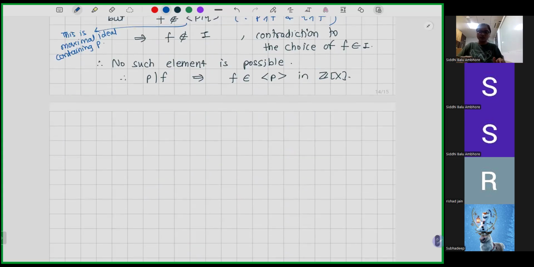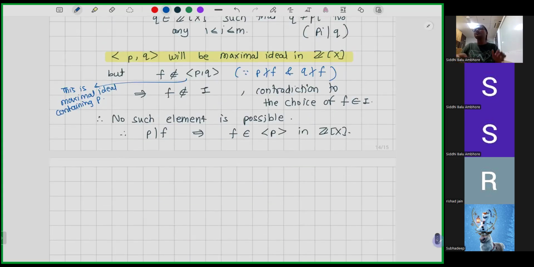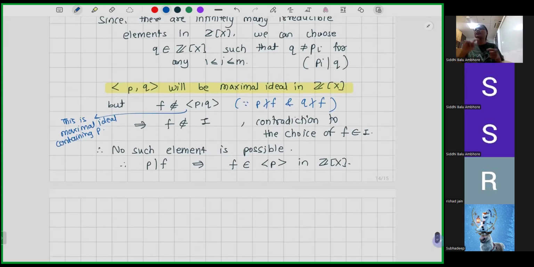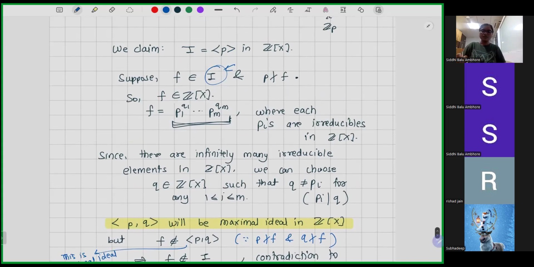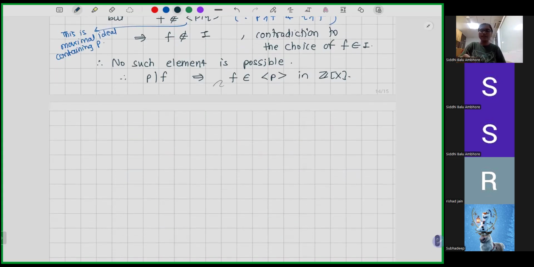That's the contradiction, because we chose F from the intersection, but we have one maximal ideal in the intersection to which F does not belong. Such an element is not possible. Therefore our assumption that P does not divide F fails, so P must divide F, and this implies that F must be an element of the ideal generated by P.